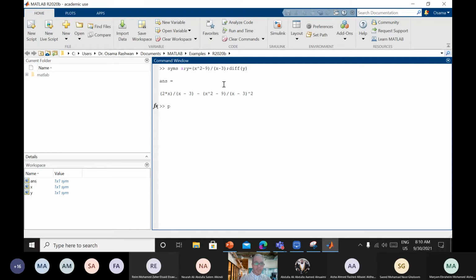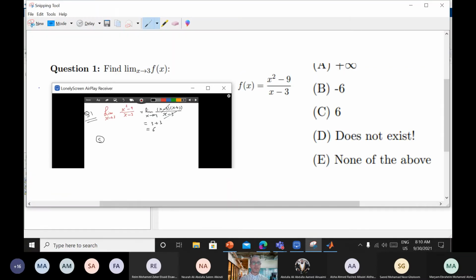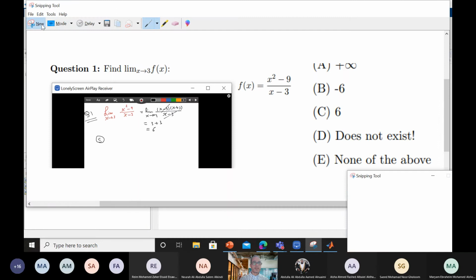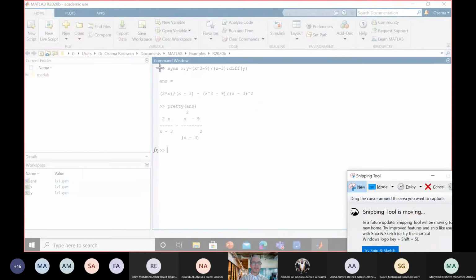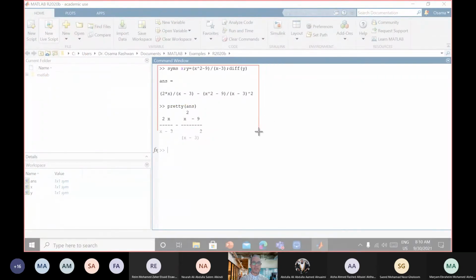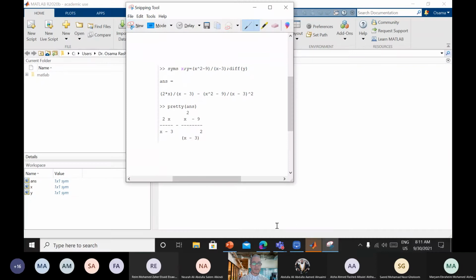To have this one in math mode, you just write pretty, open bracket, pretty for what? For the last thing, it's called ans equal to. So I am writing. Now I have the right answer, right? So this is the command and the answer. Okay.